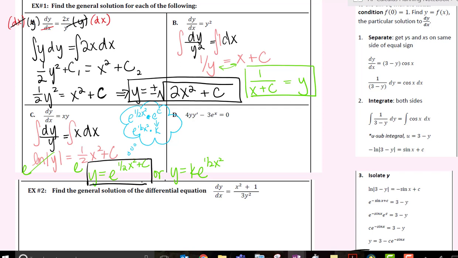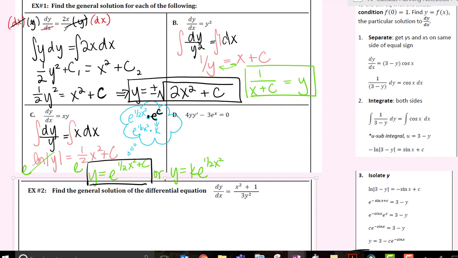Note that on the AP test or on a multiple choice, what they might have done is used some of these rules here and said, okay, I know if I have 1/2 x squared plus c, that's the same as e to the 1/2 x squared times e to the c. Using those exponent properties, we just called it very similar to that constant of proportionality that we did before.